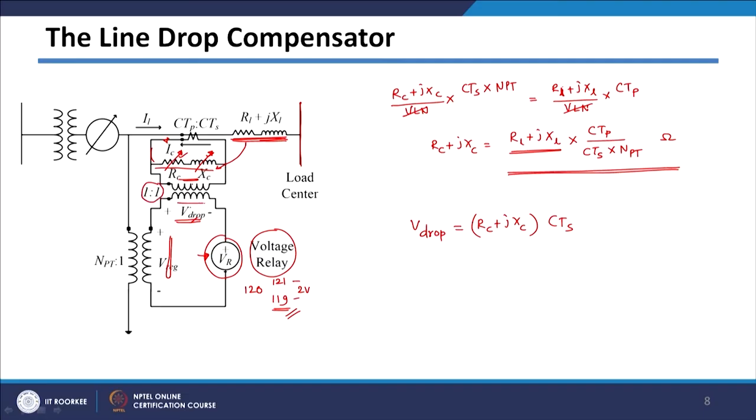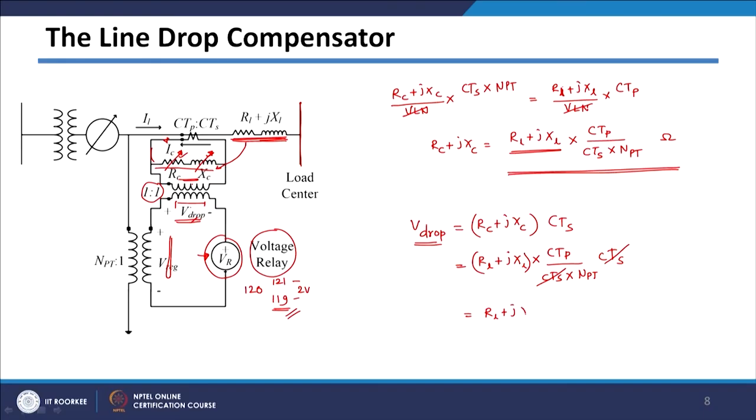So, this V drop will be equal to RC plus JXC multiplied by your CTS, and we have seen that CTS in terms of RL plus JXL into CTP, CTS multiplied by NPT. In this case the CTS will get cancelled out.